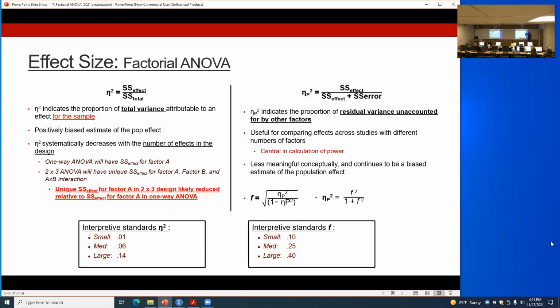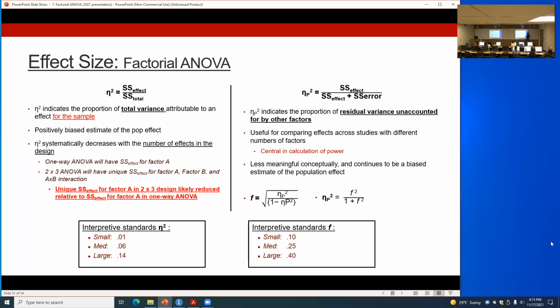Yeah. Partial eta squared reduces down to eta squared in a one-way design. That's why we can't calculate partial eta squared with a one-way design, because there's nothing to control for, because we've only got one factor in there. You're exactly right. For eta squared, if I take my effect and my error, that's everything I've got.